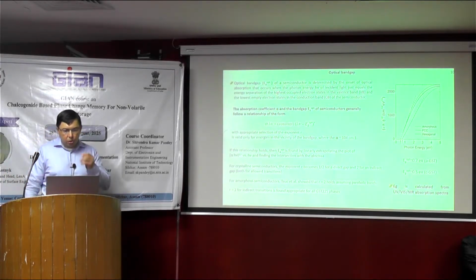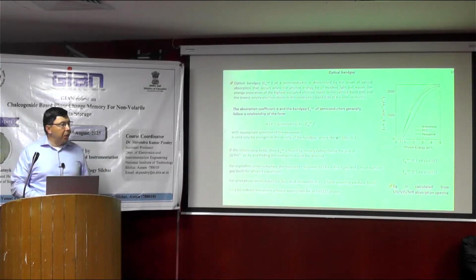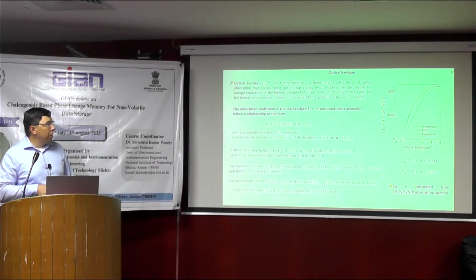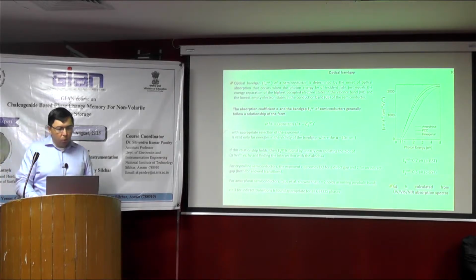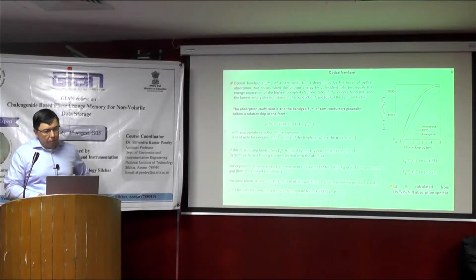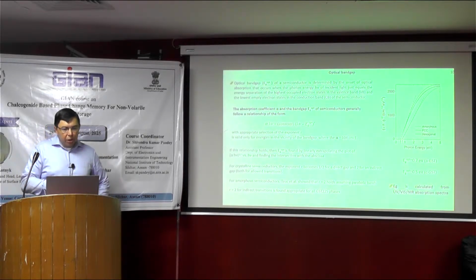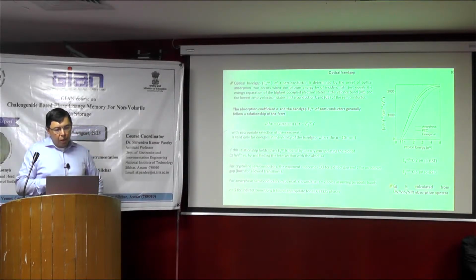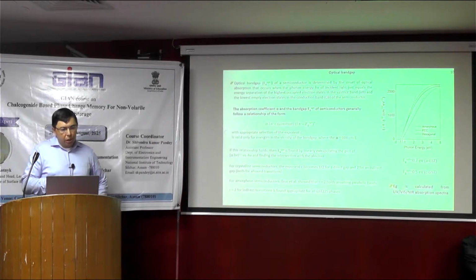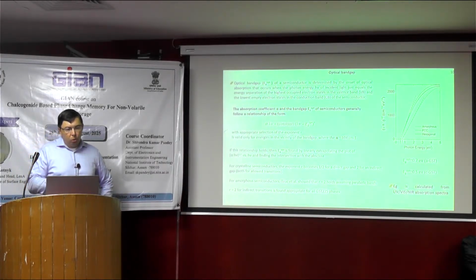So now to the optical band gap. The optical band gap of semiconductors is determined by the onset of optical absorption that occurs when the photon energy h nu just equals the energy separation of the highest occupied electron states in the valence band and the lowest empty electron states in the conduction band of the semiconductor.